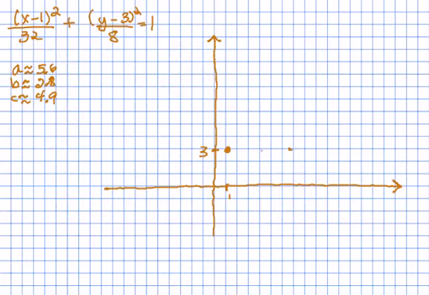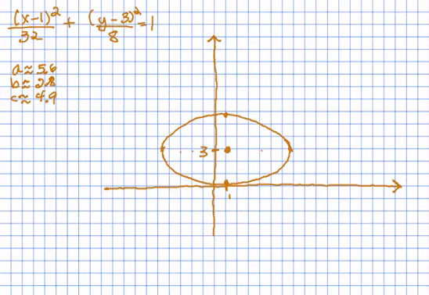And then in the other direction, 3, 4, about 5.6 right here. To get the endpoints of our minor axis, we're going to go up and down the square root of 8, which is approximately 2.8. So I'm going to put a point about here and here. And our ellipse would look something like this.